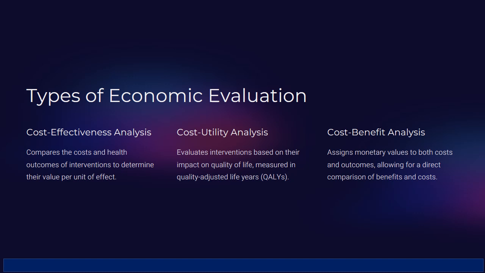Then what is cost utility analysis? It is similar to cost effectiveness analysis but uses quality adjusted life years or disability adjusted life years to measure health outcomes, capturing both the quality and quantity of life.